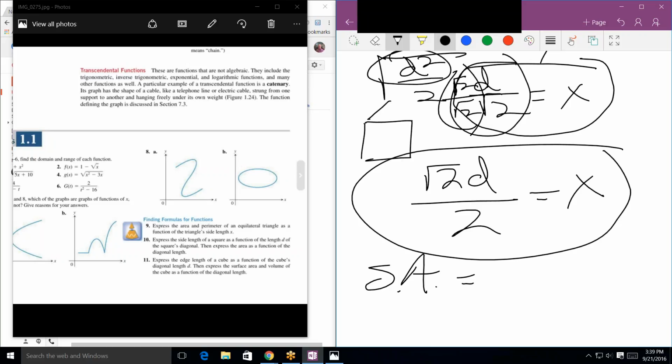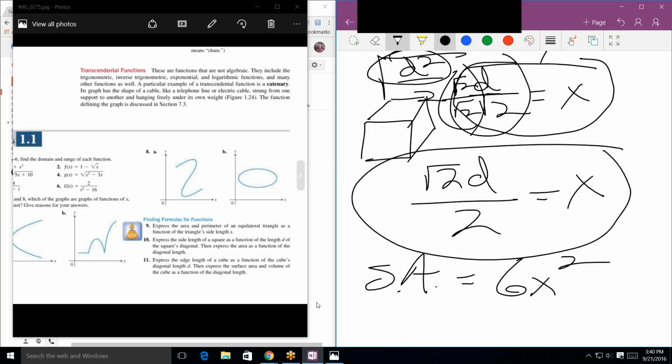Well, surface area, you take all 6 areas and add them up. The area of this particular face we're looking at here: x squared. Correct. There's 6 of them, so it's 6x squared.